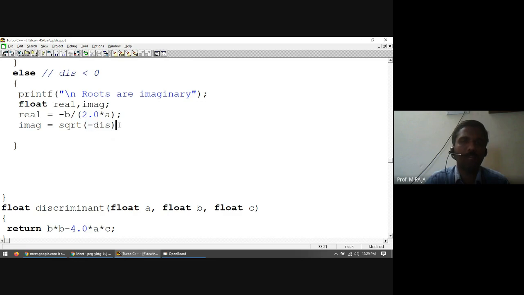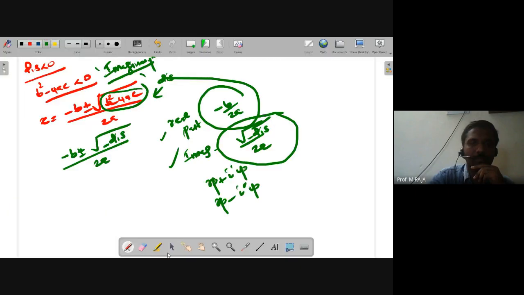What is the role of minus in minus discriminant? This is the unary minus operator, which just negates the variable discriminant.